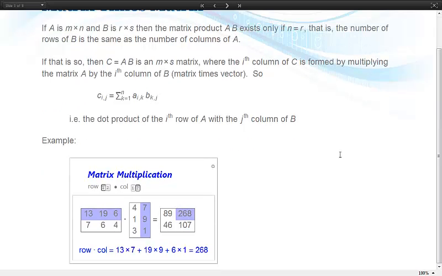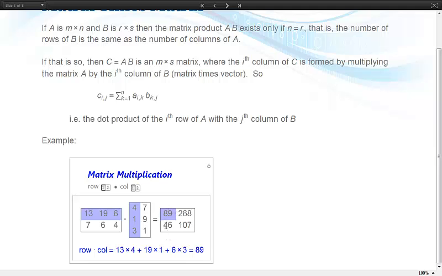It's easier to see. If I form the matrix multiplication between these two matrices, the first entry in the answer is the first row of the matrix A dot product with the first column of matrix B, and you can see the multiplication here. 3 times 4 plus 9 times 1 plus 6 times 3, that gives me 89, and that's the first entry.